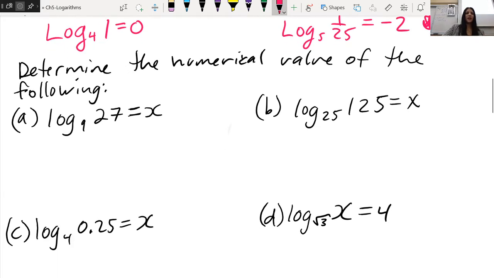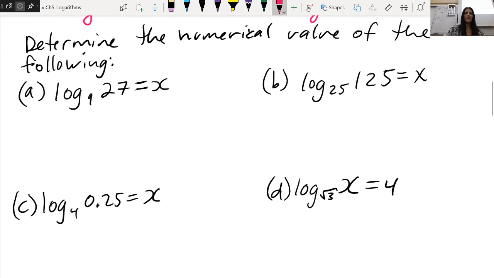Okay, so determine the numerical value of the following. Let's go through the first one together, and then I'll let you do the next 3 on your own. Because this kind of resembles what we've done, but there's a little bit to it that's a bit different. We want to figure out what x is.